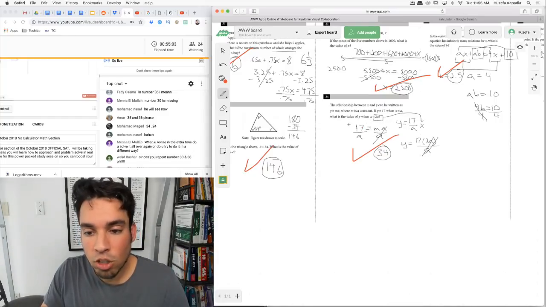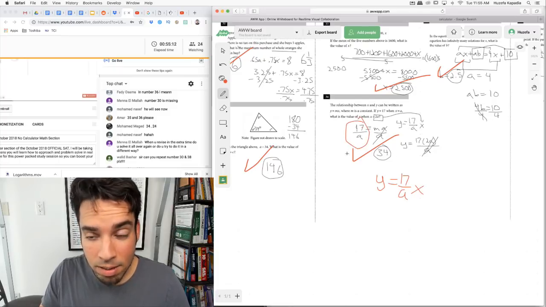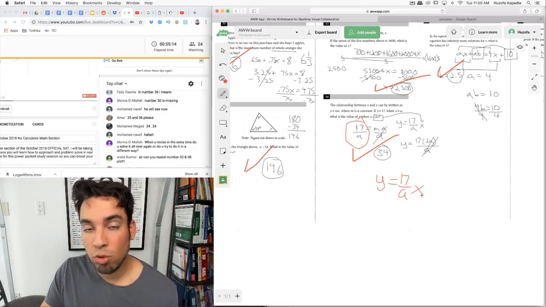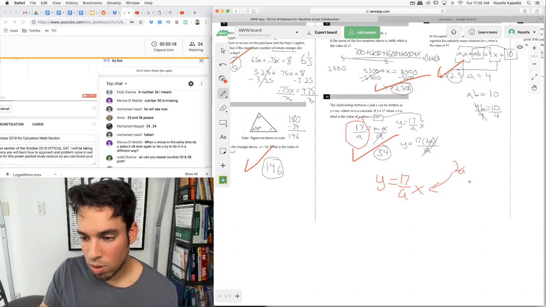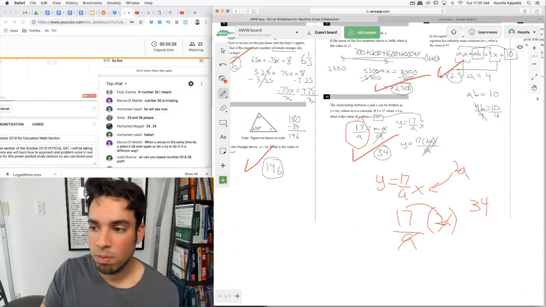What I did was plug in the values and solve for the slope. I had an equation of y equals 17 over a times x, because I found that my slope was 17 over a. Then I plugged in 2a, because we're asking, what is y when x equals 2a? It's 2a times 17 over a. The a's cancel out, and 17 times 2 is 34.